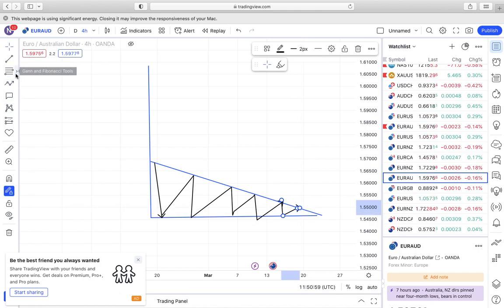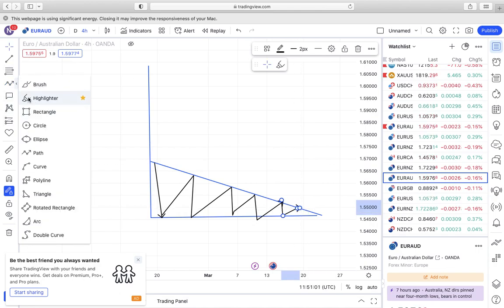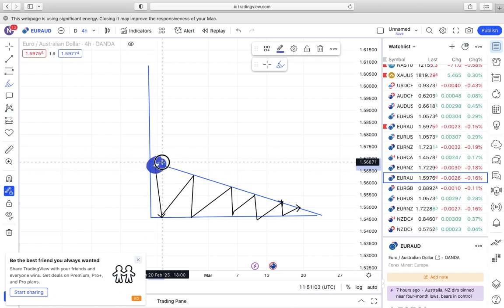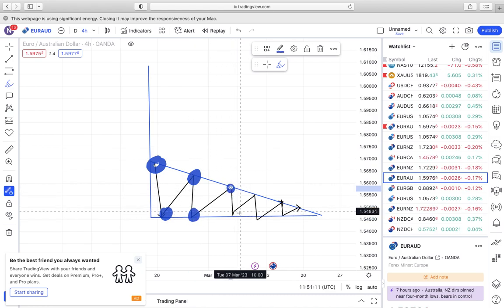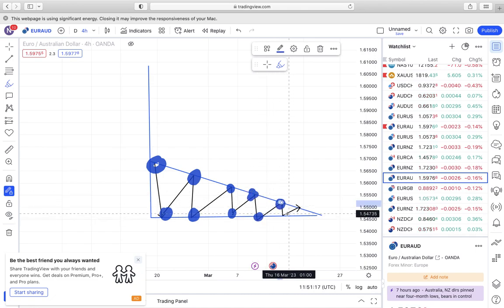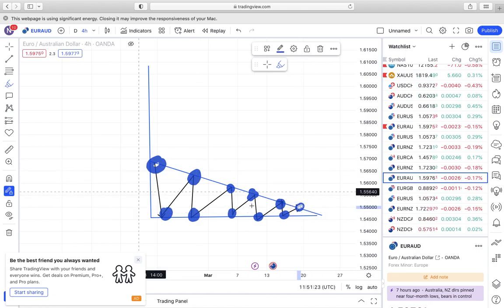You have two options: either to trade that market within that given channel where it is forming high low, low high. You can enter a buy at the support and sell at the supply or the resistance.